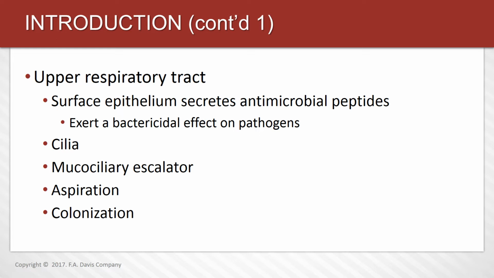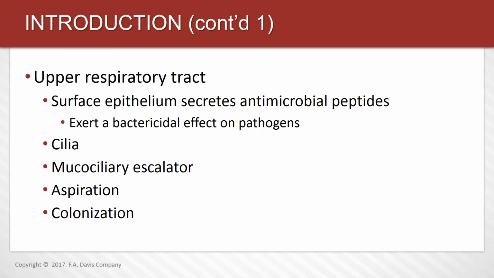And when food and fluids are swallowed, because the two pipes are not the same, as part of our protection the epiglottis closes to prevent aspiration. Because if it's open, then things are going to go into the airway.